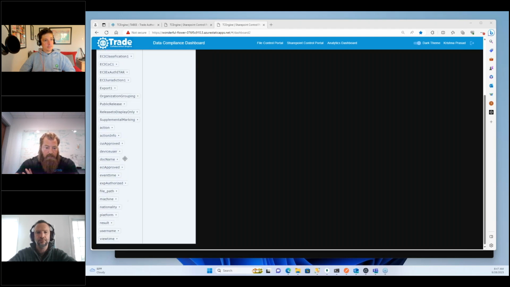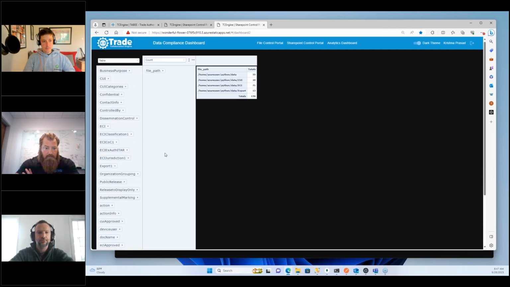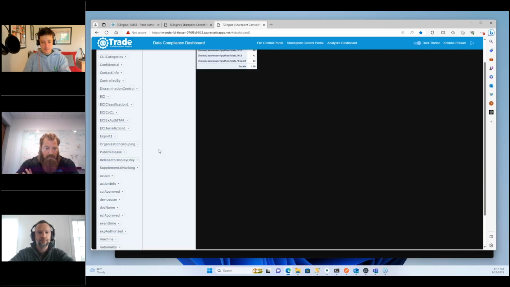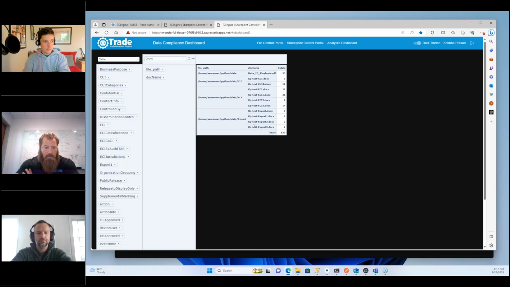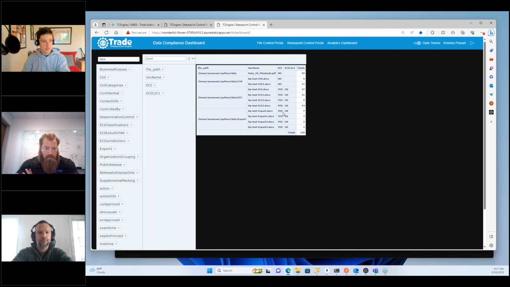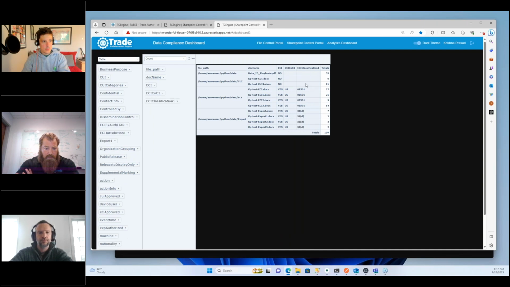So Christian, let's pull in file path initially. This is going to tell us where the information is located. We can leave that. Let's pull a file name, file path, file name. Let's pull in the ECI indicator. Let's pull in country of control. Let's pull in jurisdiction. Let's pull in classification.